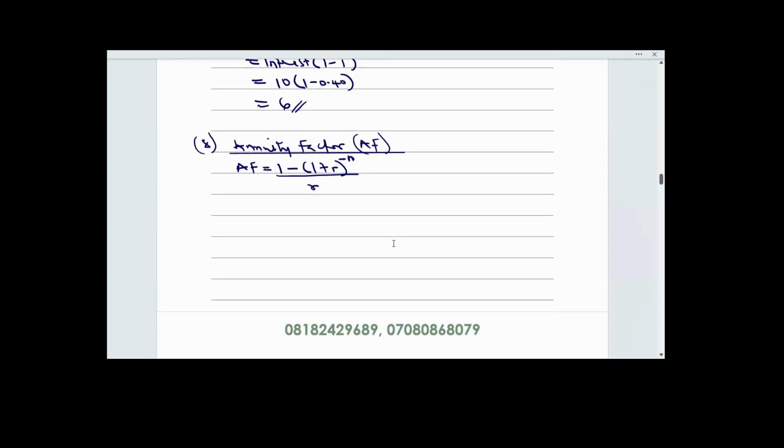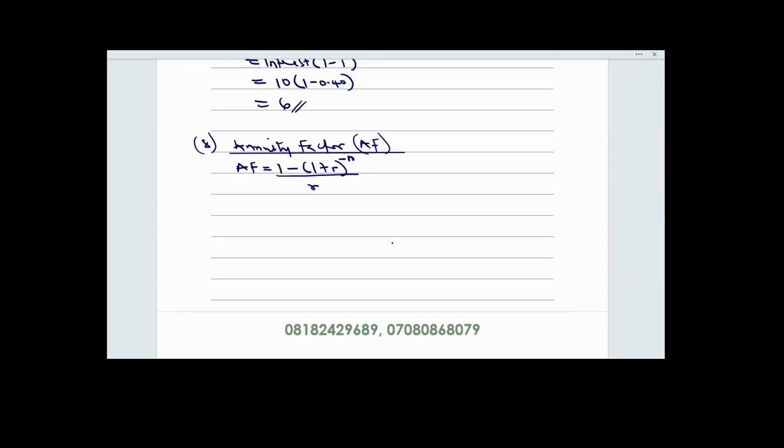So at 10%, we're assuming 10%. Now, whenever you want to calculate annuity factor in between years, like I said, there's no formula to do that. Like in this case, we want to calculate the annuity factor between the second and the third year. So what are you supposed to do? Simple. You need to calculate annuity factor from year 1 to 3, then you deduct discount factor of year 1 from it. Whatever you have is the annuity factor from year 2 to 3.